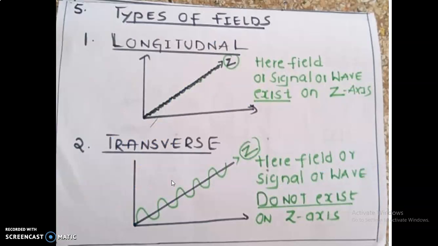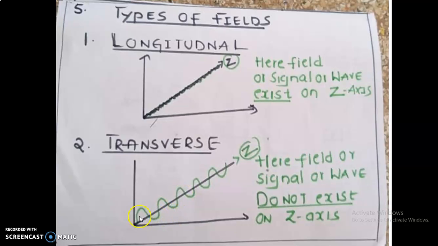Next slide is about the types of fields. We have longitudinal and transverse. Please try to understand a simple logic: longitudinal means it will touch the z axis, because z is considered as our direction of propagation. Here the field or signal or wave exists on the z axis. But if you observe the transverse, the field is not touching the z axis, it is oscillating.